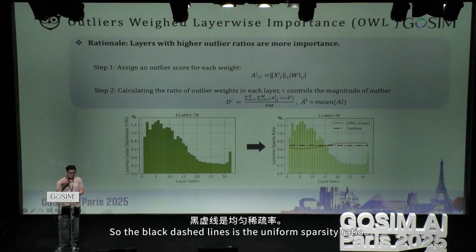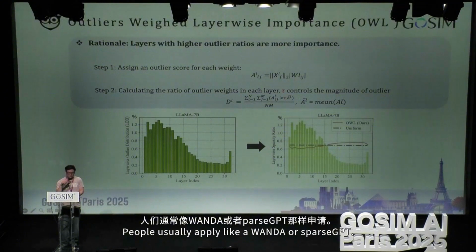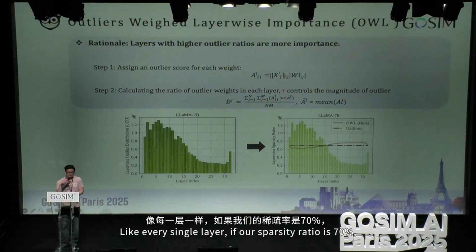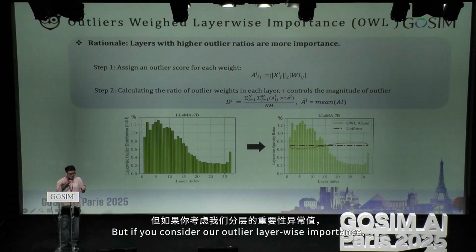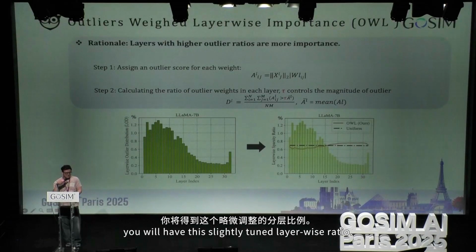The black dashed line is the uniform sparsity ratio. People usually apply Wanda or SparseGPT to every single layer, so if our sparsity ratio is 70%, every single layer has a 70% sparsity ratio. But if you consider our outlier layer-wise importance, you will have this slightly tuned layer-wise ratio.